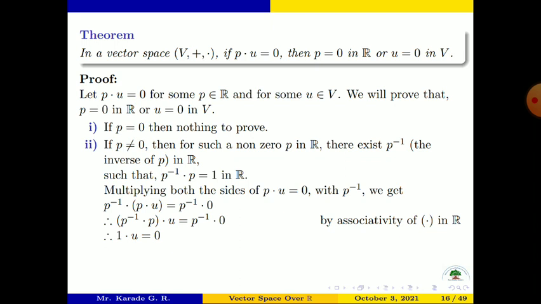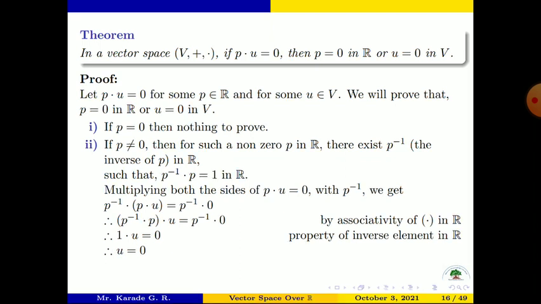And 1 into U, by the behavior of 1 with a vector in a vector space V, gives me that vector itself, U. So in the next step, 1 into U is U and it is equal to 0. So U is equal to 0. Thus we have proved that if in a vector space scalar P into vector U is equal to 0, then either the scalar is 0 or the vector is 0.